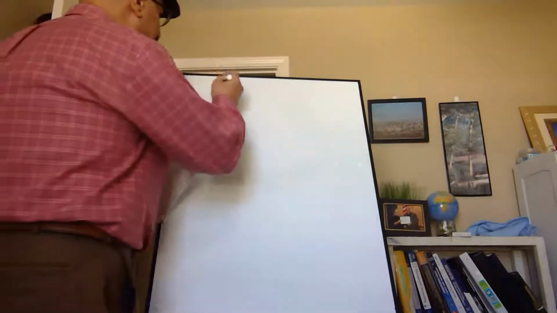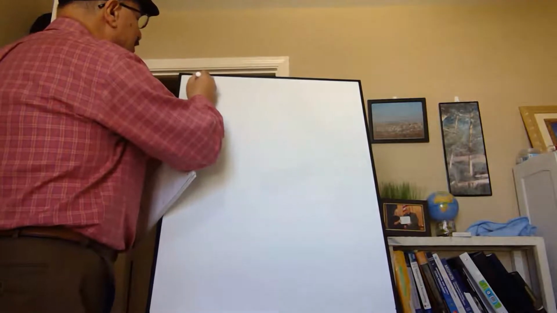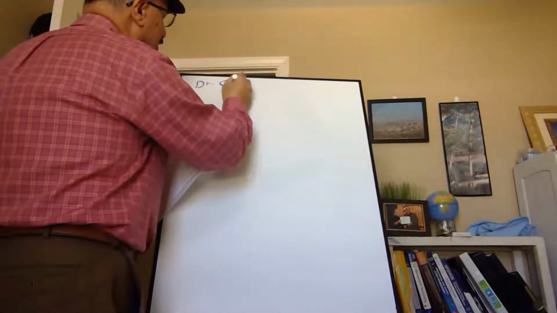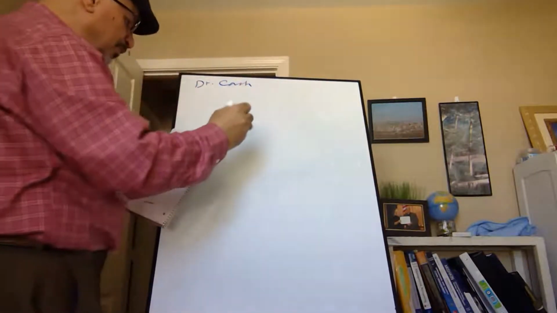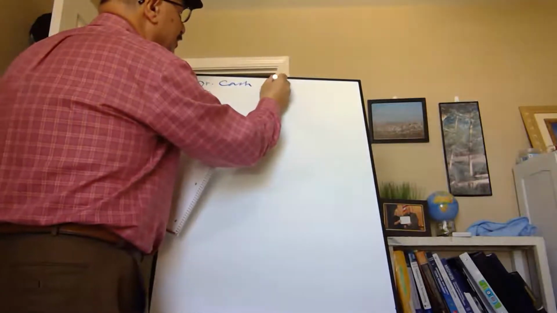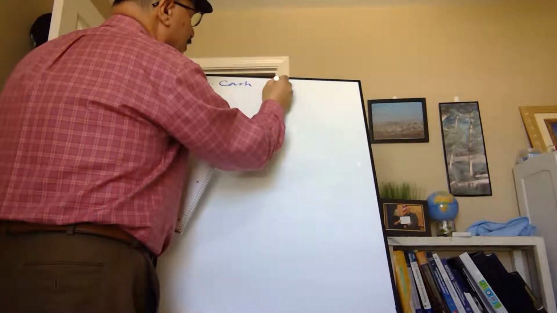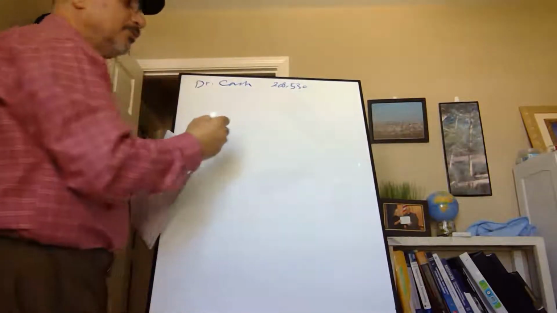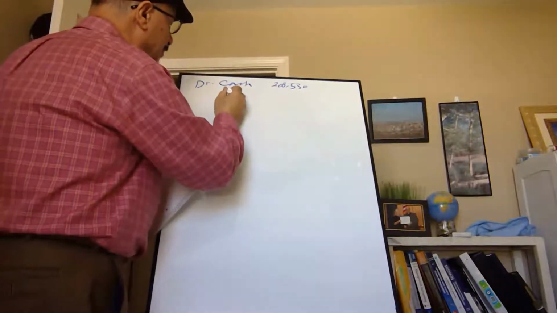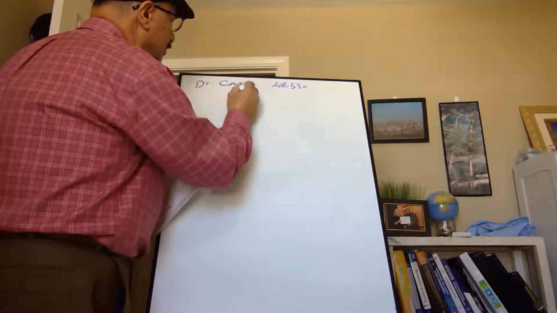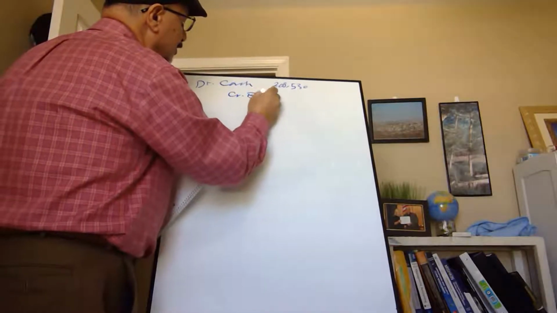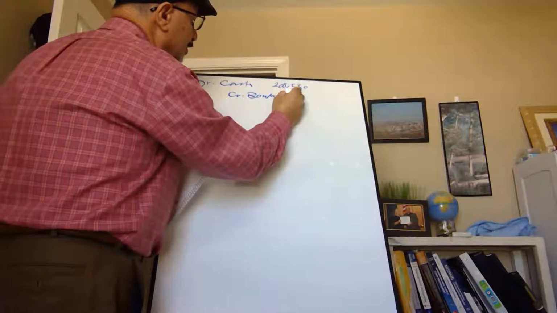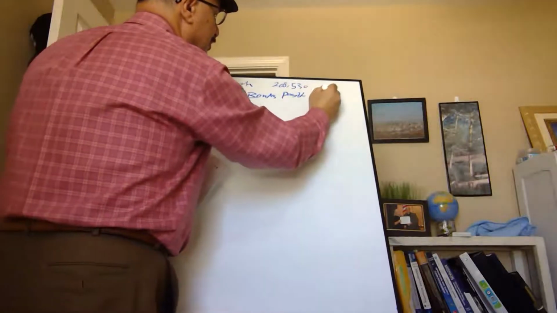So we're going to debit cash for 208,530, and we're going to credit bonds payable for 200,000.